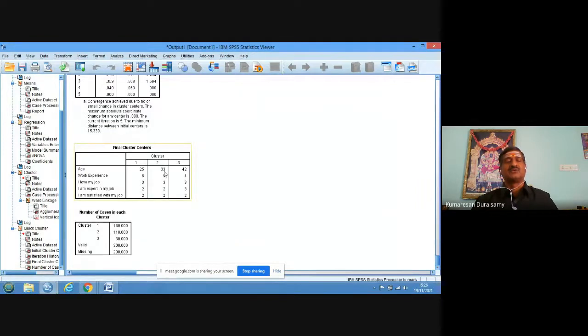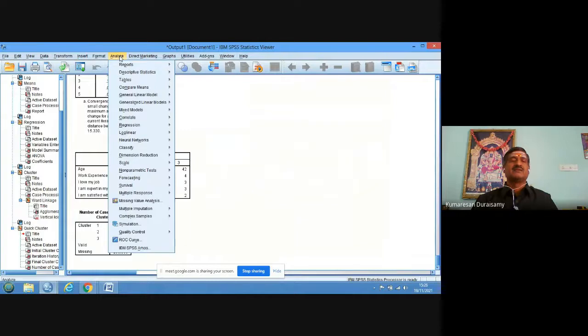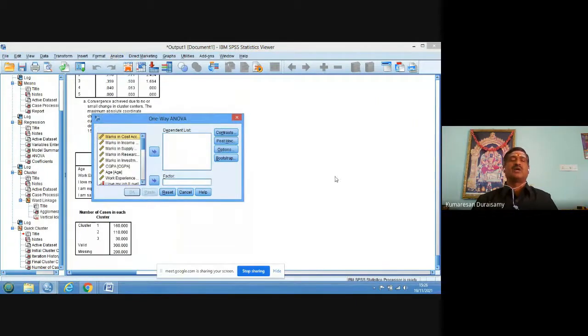Cluster 1, cluster 2, cluster 3. Now, we can go for ANOVA. Go to Analyze. As usual, compare means, then one-way ANOVA. Now look at the age and work experience.